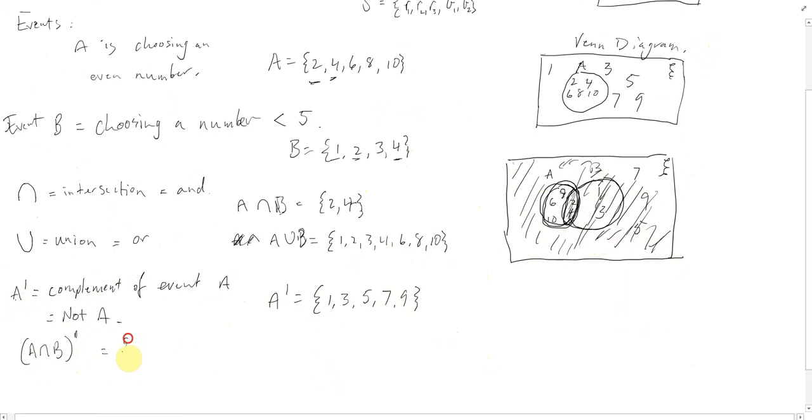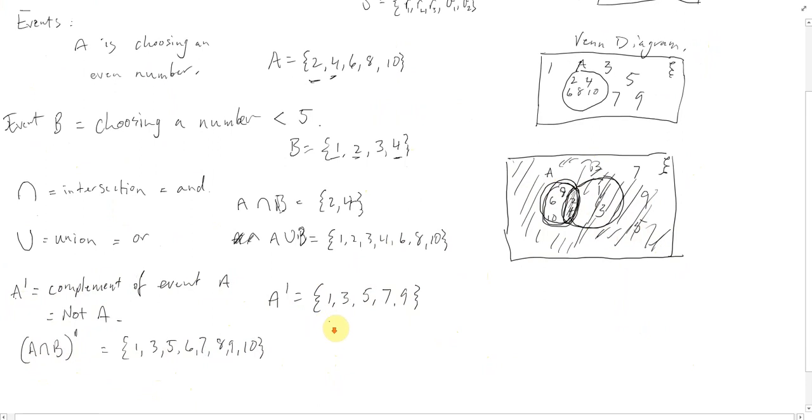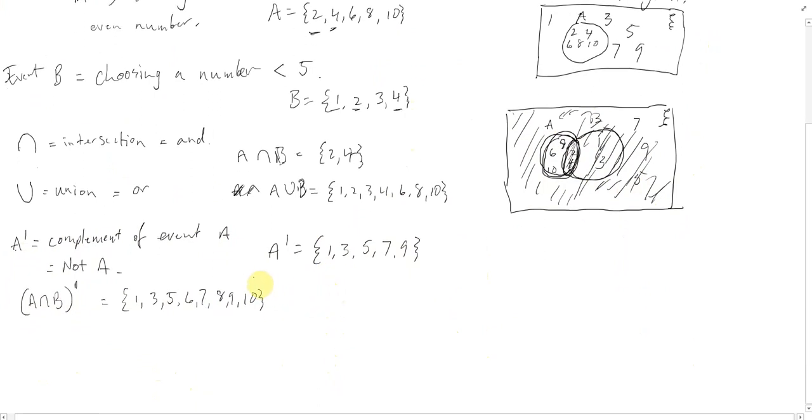So that would be 1, 3, 5, 6, 7, 8, 9, 10. Everything except for 2 and 4, because those are the two elements in that intersection part. Okay, so there are a bunch of definitions for you, and hopefully you've used those in the past, which will make it a bit easier to remember them.